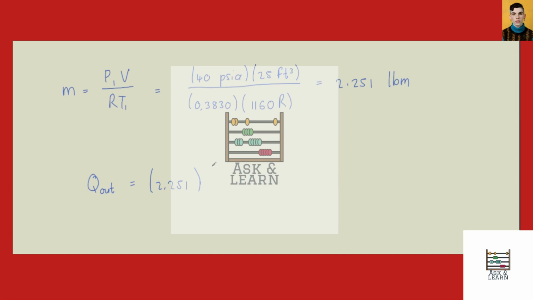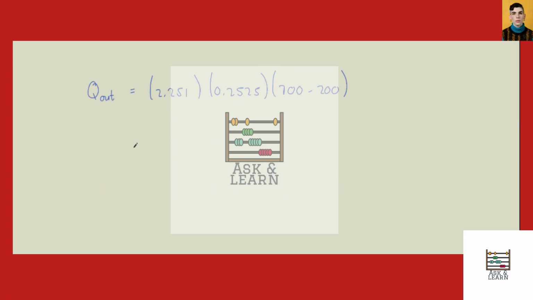Again, we'll suppress the units, times Cp, which is 0.2525, times the change in temperature, 700 minus 200 degrees Fahrenheit. And so we'll get our answer in BTU. So we get the heat transfer for this system to be 284.2 BTU.